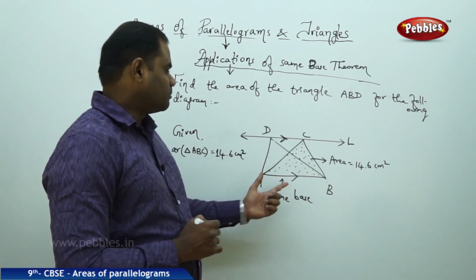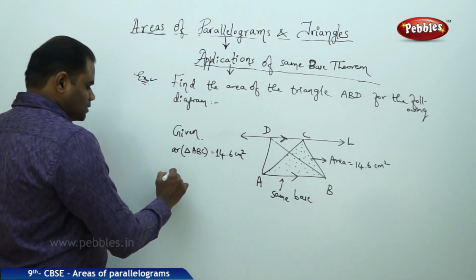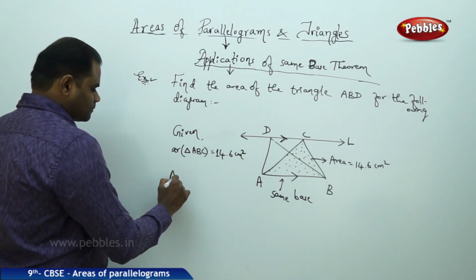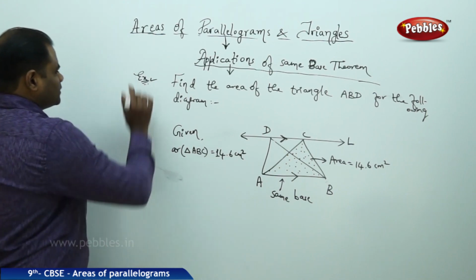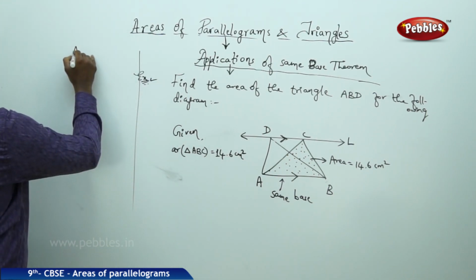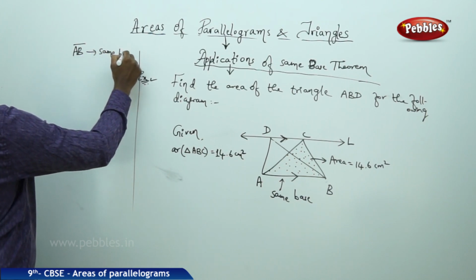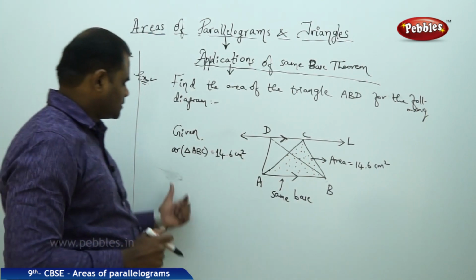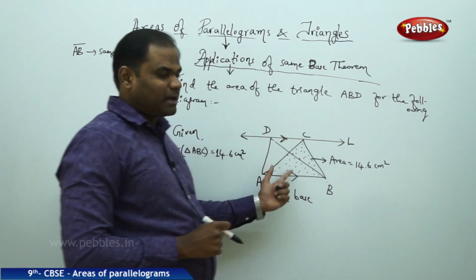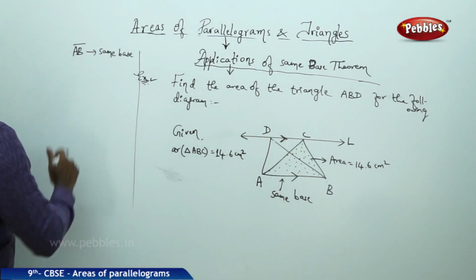And also they are between same parallels. So I identify here that AB is the same base, and the two triangles are between same parallels L and AB.